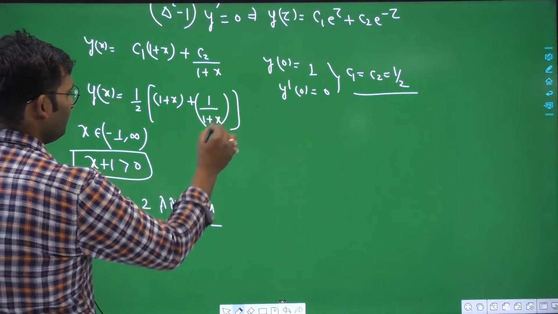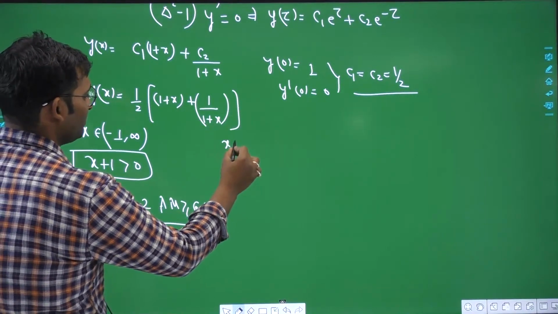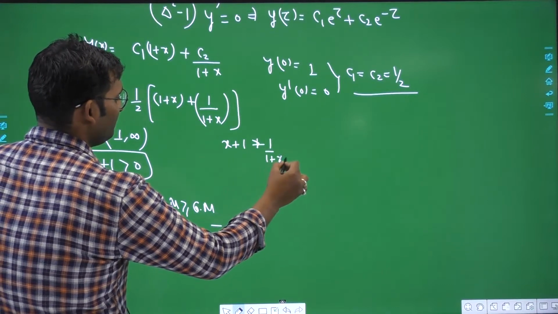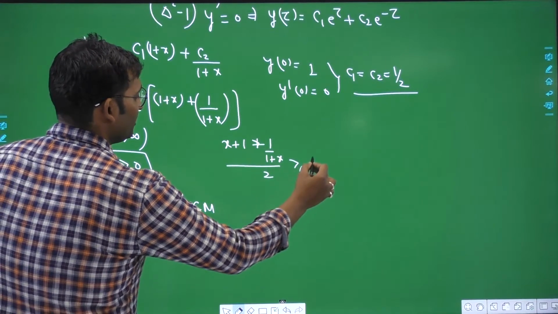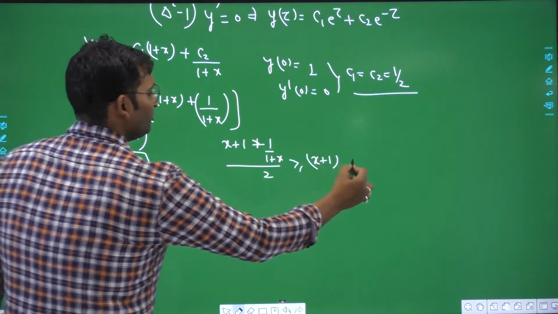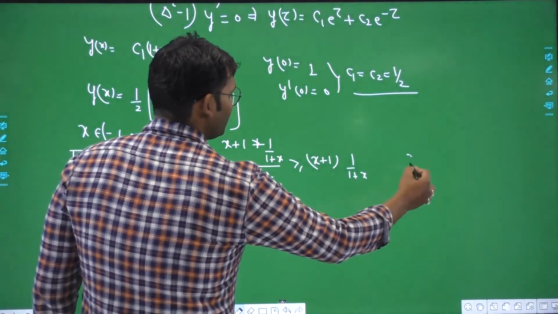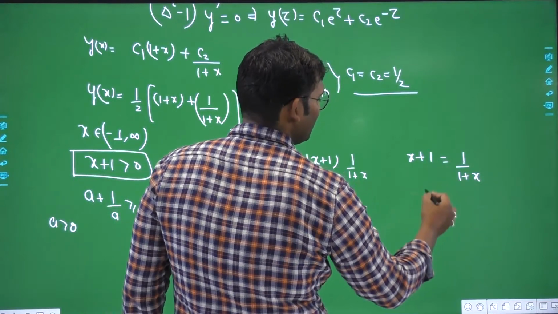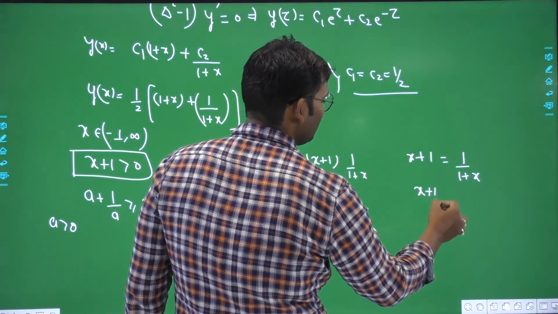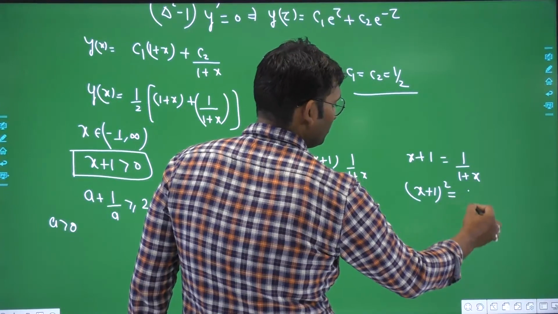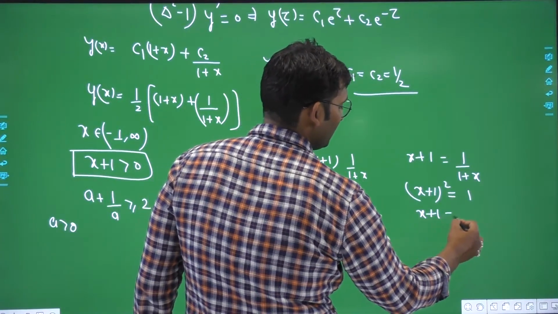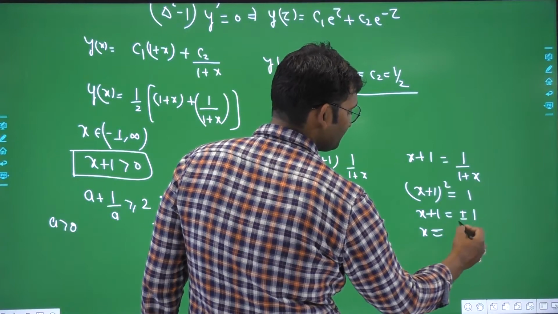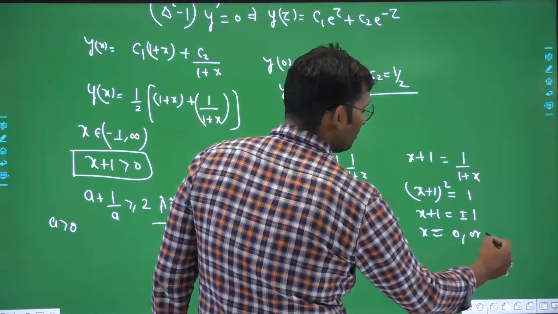Using that, ((x+1) + 1/(1+x))/2 is greater than or equal to the square root of (x+1)·1/(1+x), and equality exists only if x+1 is equal to 1/(1+x). That implies (x+1)² equals 1, so x+1 is plus or minus 1, so x is either 0 or −2.